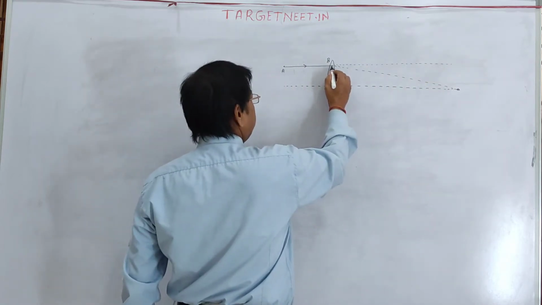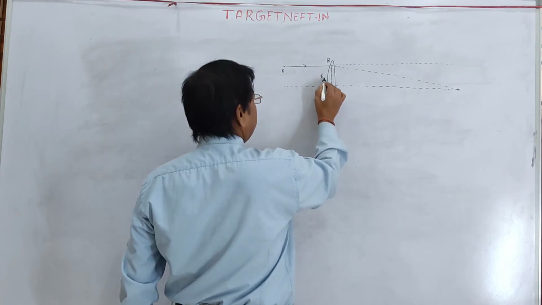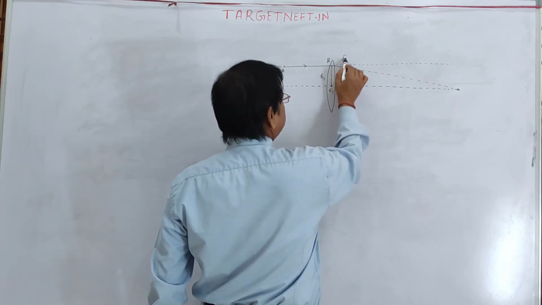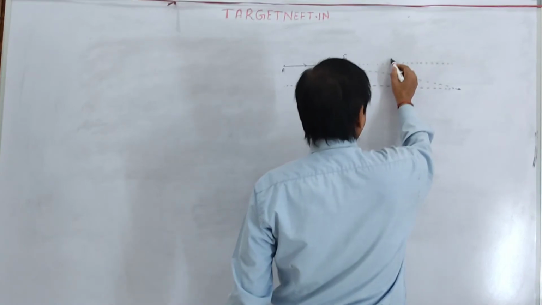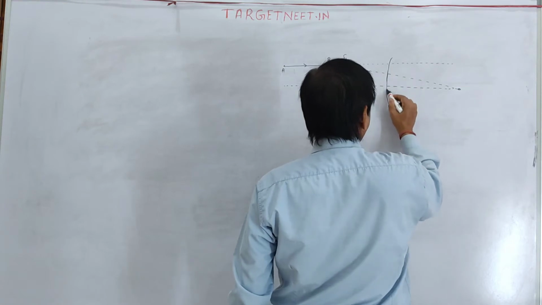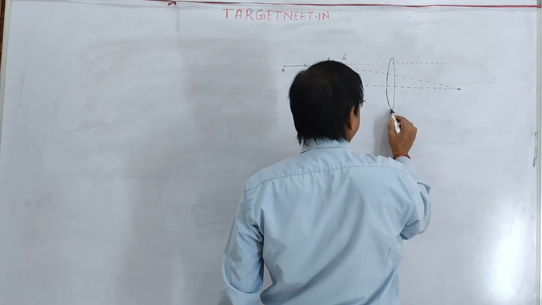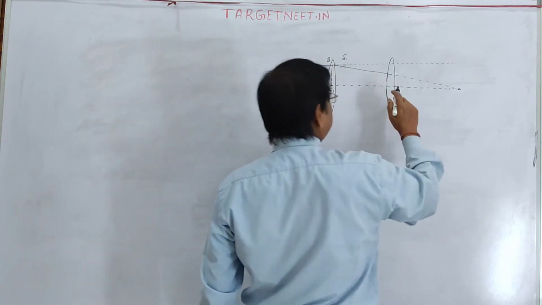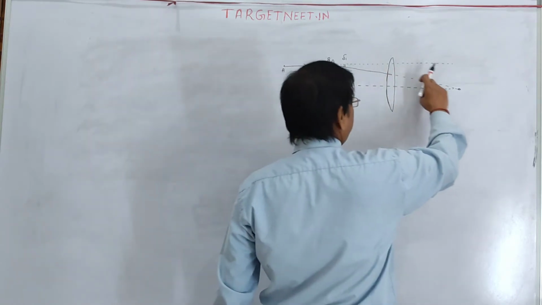Let this height from the optical center of the first lens, that is C1, be H1. So this is the angle of deviation produced by the first lens. Now if I take one more lens here, these are thin lenses, and this ray will move up to here, but here the second lens will further bend the ray, so the ray will not follow this path.